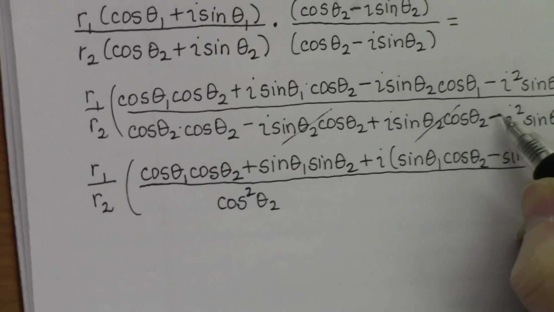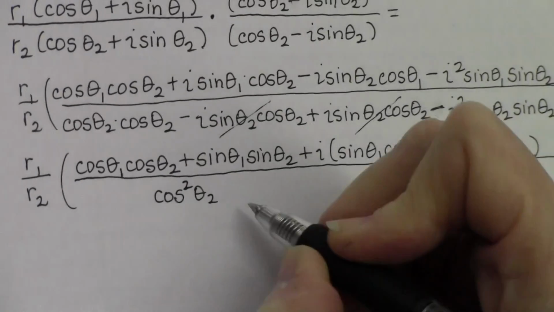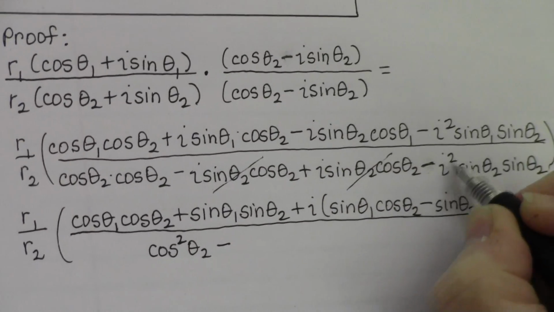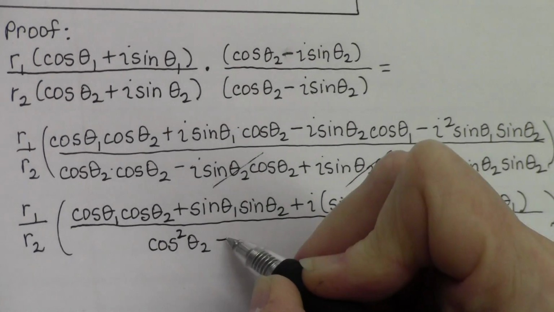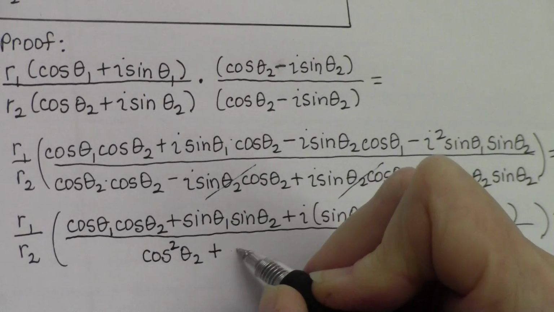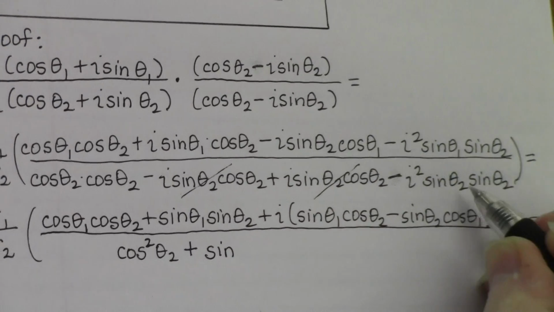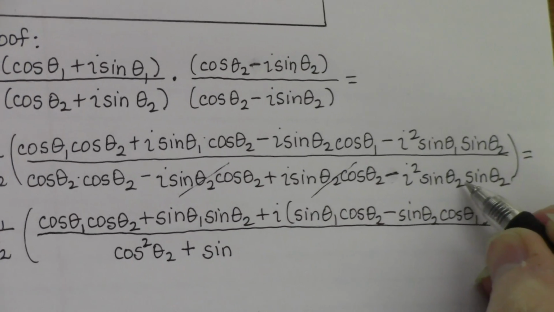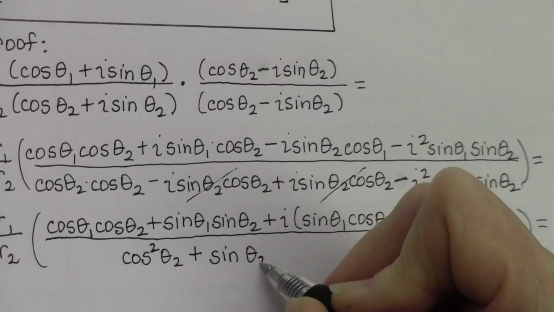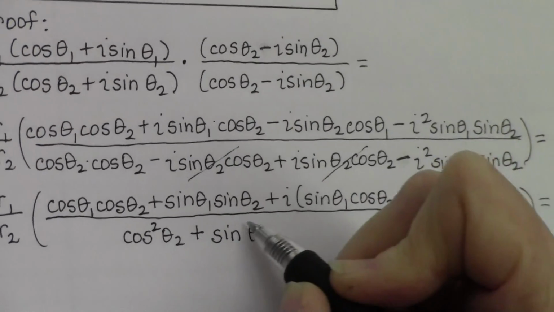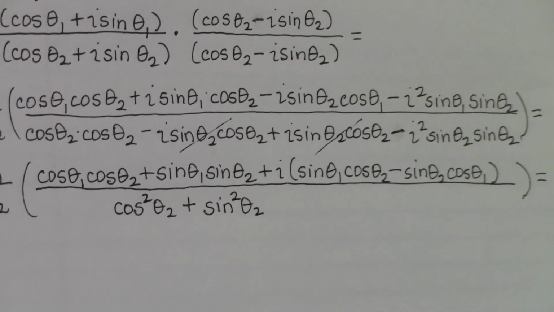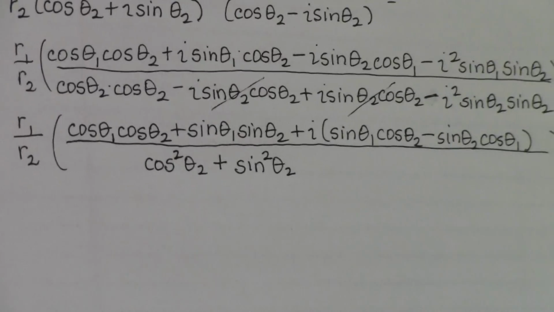And then over here I have negative i squared. Well, the opposite of i squared, that's the opposite of negative 1, is actually positive. And I have sine of theta sub 2 times itself, so it's squared. That's a very nice denominator. That makes me really happy.